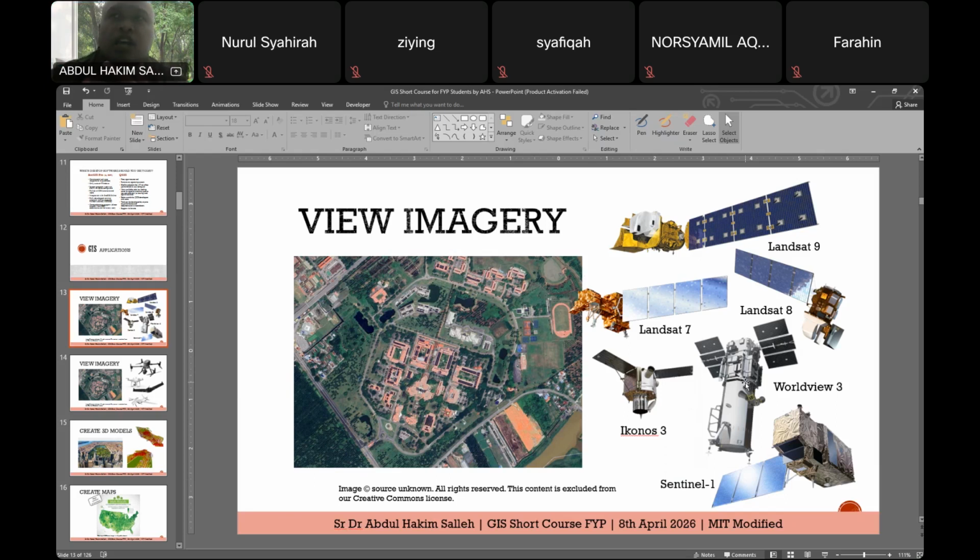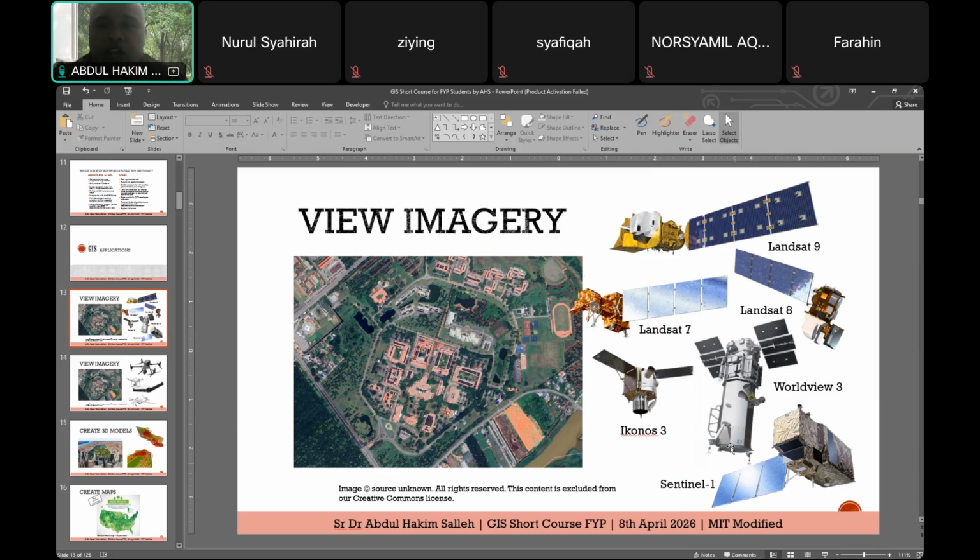That means if you are laying down on the ground, these satellites can actually observe you. It can see you individually, a person laying down on the ground, from hundreds of kilometers high in outer space. These are the sensors. This satellite is huge.